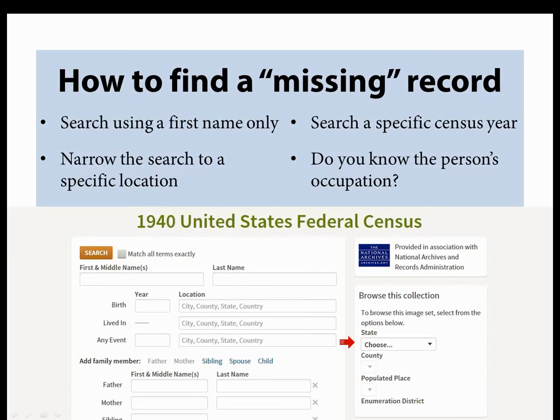You can also browse, and this is important to note for some of those earlier censuses. You can just choose the state and the county. And something important to mention as well is changing county boundaries or changing of a county name. Ancestry and FamilySearch, to a degree, are very specific on a location.